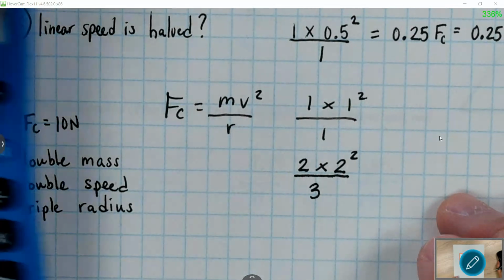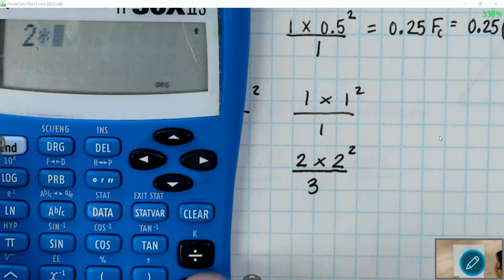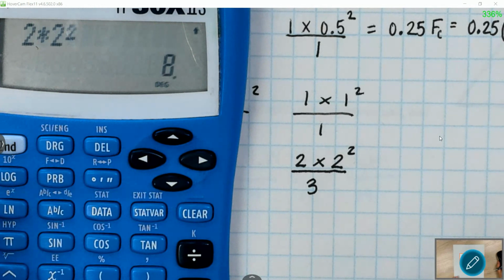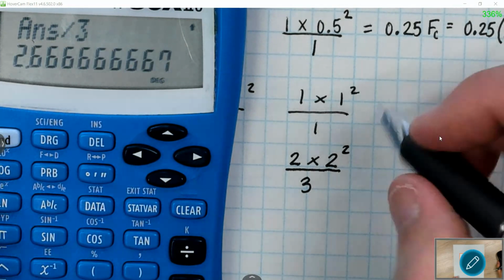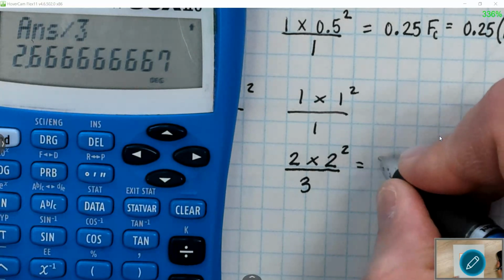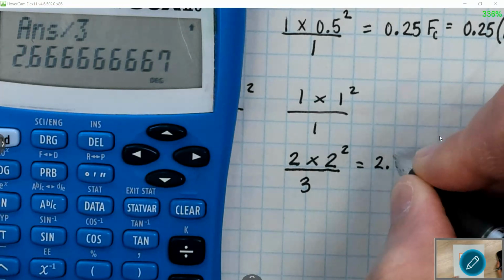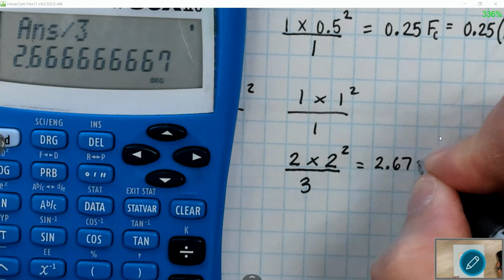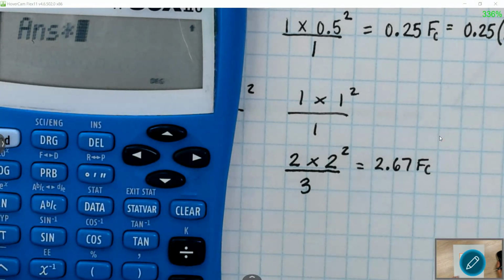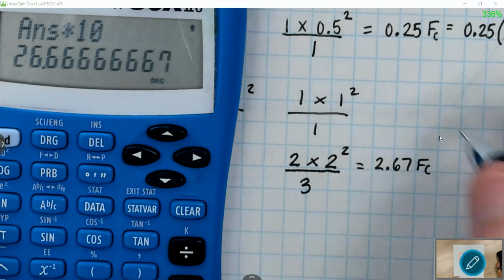Okay, let's throw it into the calculator. 2 times 2 squared is 8, and then we divide it by 3. So it would be 2.6 repeating. All right, so we can go 2.6, call it 2.67 times the force, and I'm just going to take this and times it by 10.